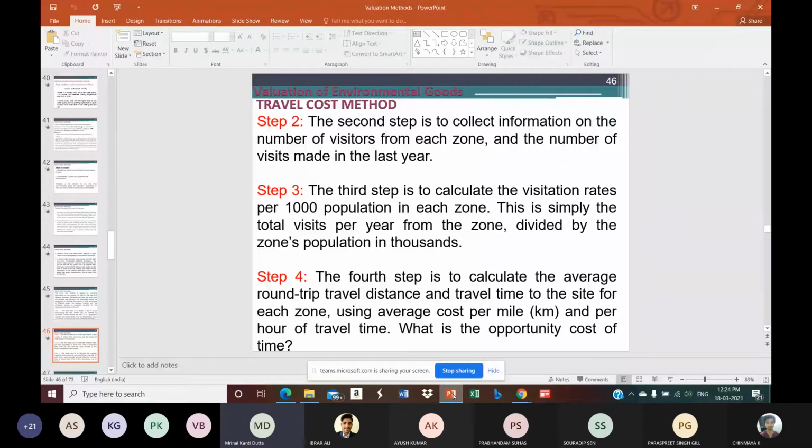In essence, the person would have been in a position to earn something by investing that much time in certain other activities. So that is taken as a proxy for the cost of travel time, and that value is also included in the cost of travel.